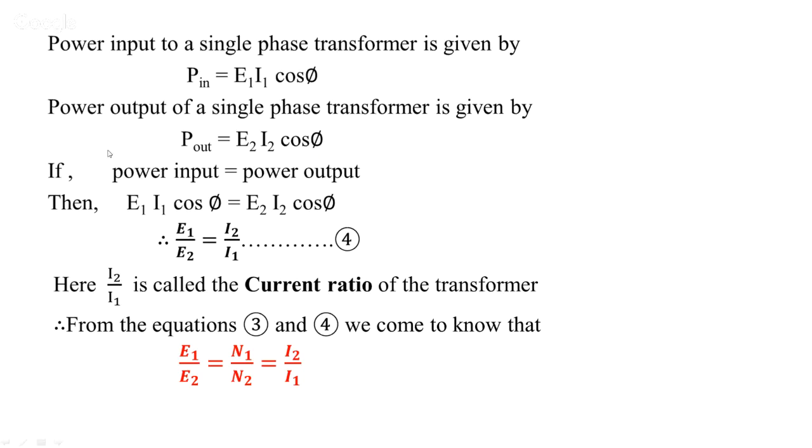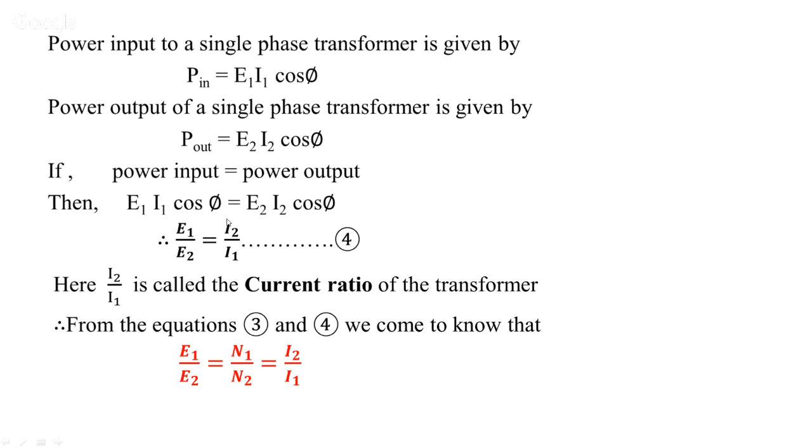So E1 I1 cos φ = E2 I2 cos φ, and by solving this, cos φ gets cancelled.